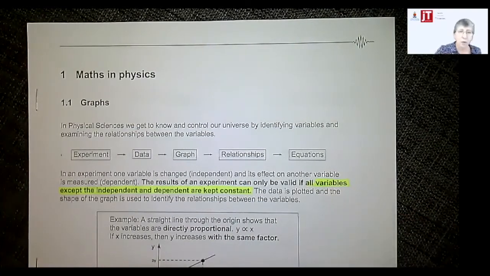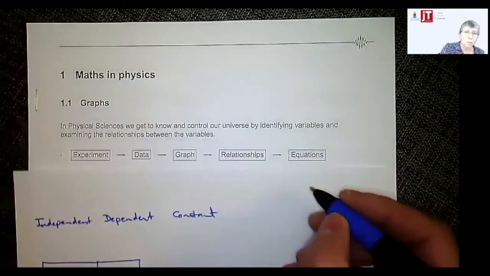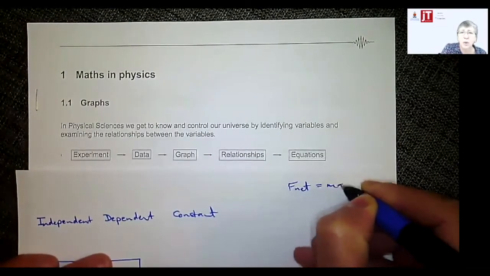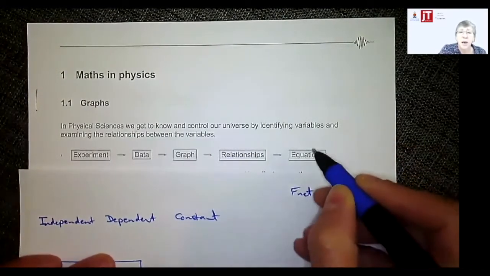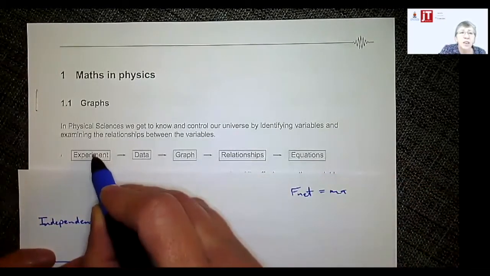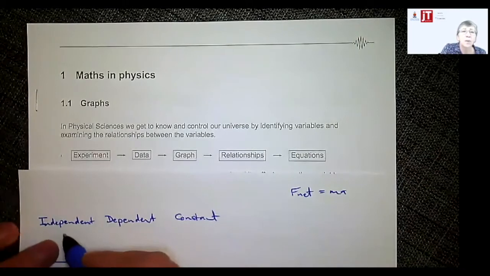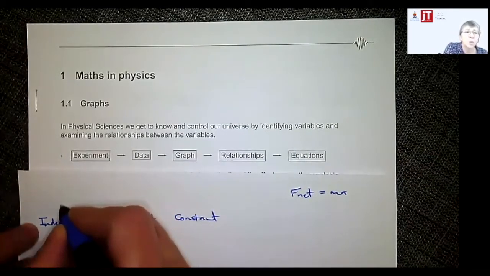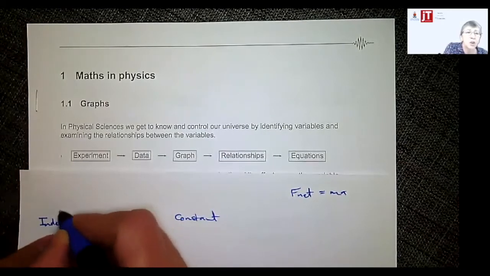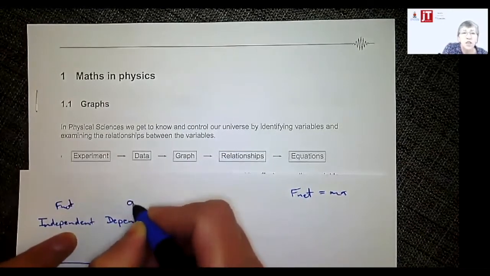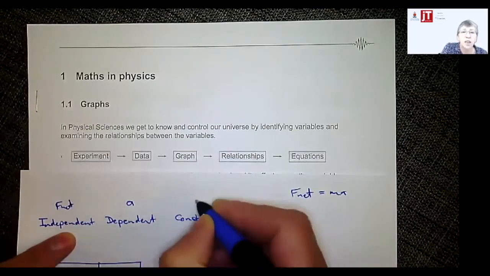Now, if you think, for instance, about Newton's second law, we already have the equation. But how did they do that? They started with an experiment, right? And in the experiment, there was an independent, dependent, and a constant. Say, for instance, we changed the independent, the F net on an object, and we measured what acceleration that object will have.